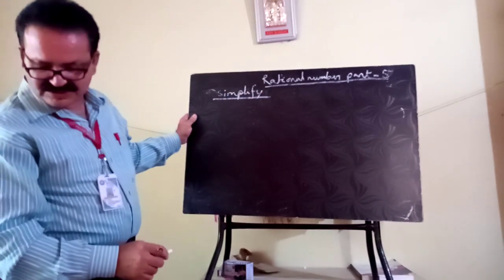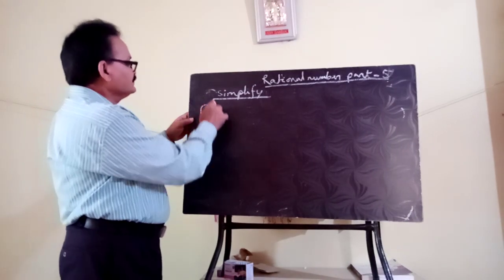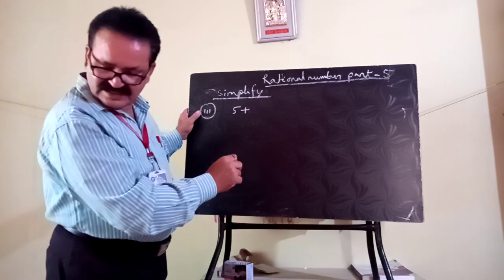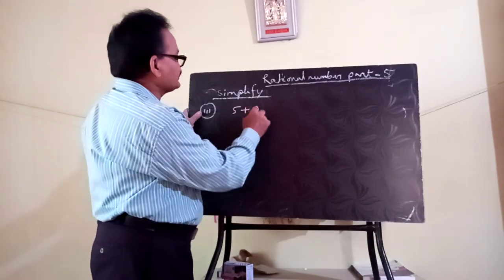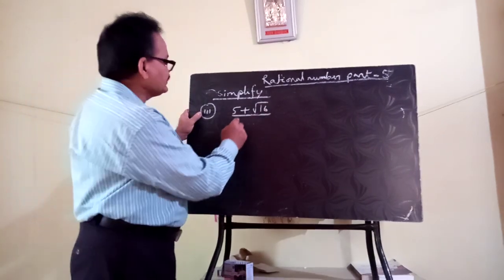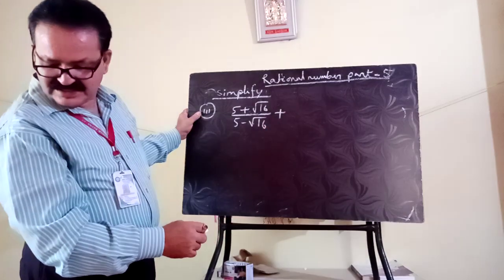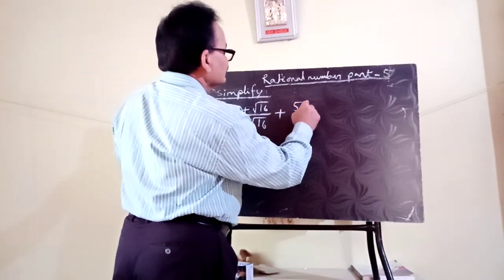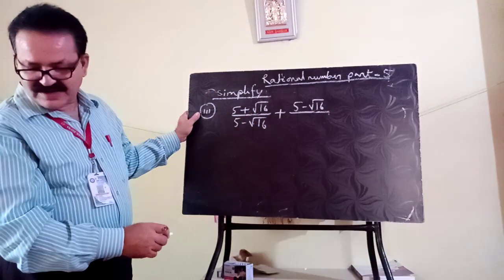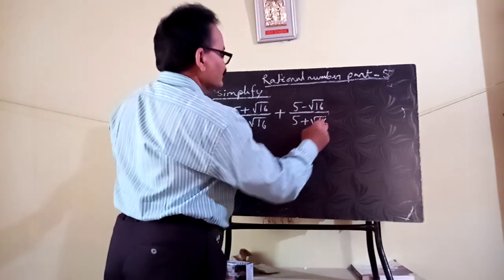The third question is: simplify 5 plus square root of 16 divided by 5 minus square root of 16, plus 5 minus square root of 16 divided by 5 plus square root of 16.